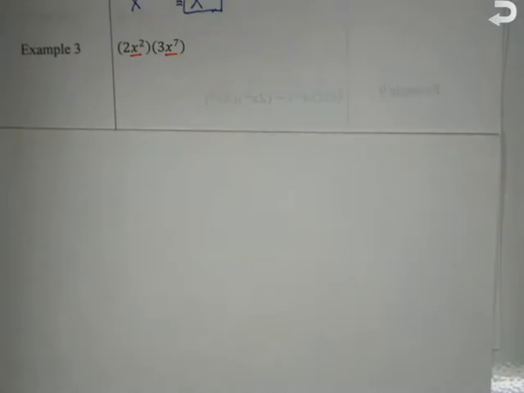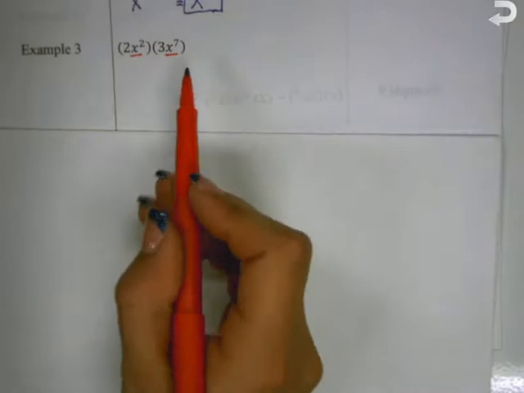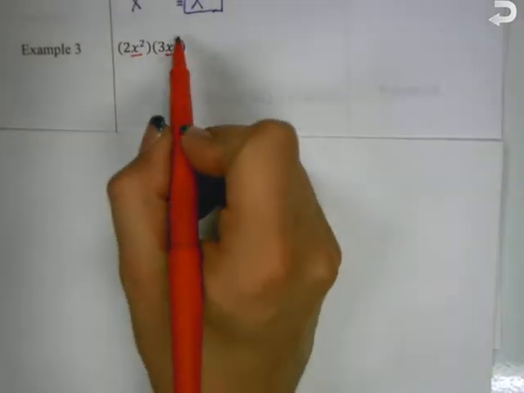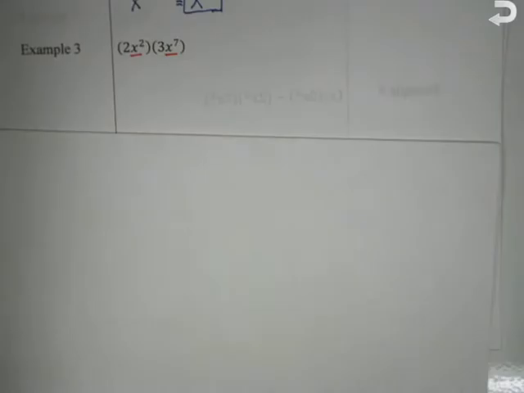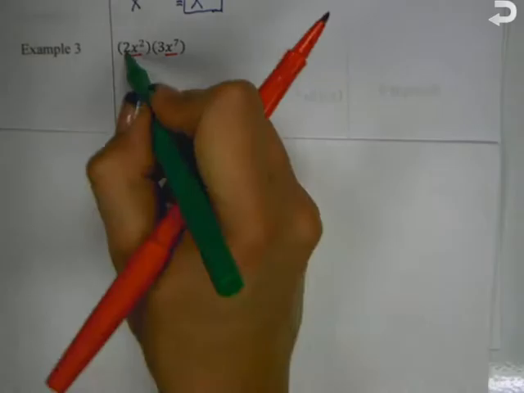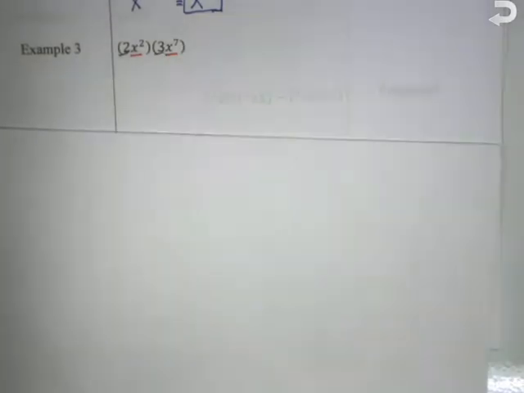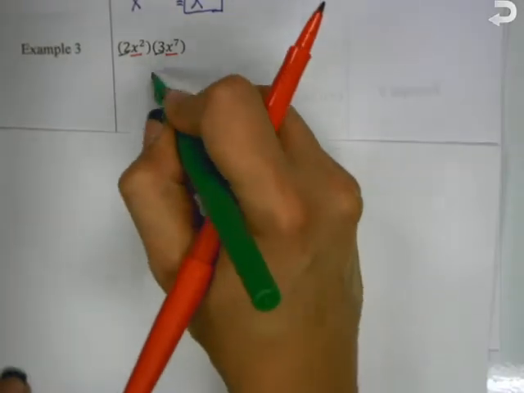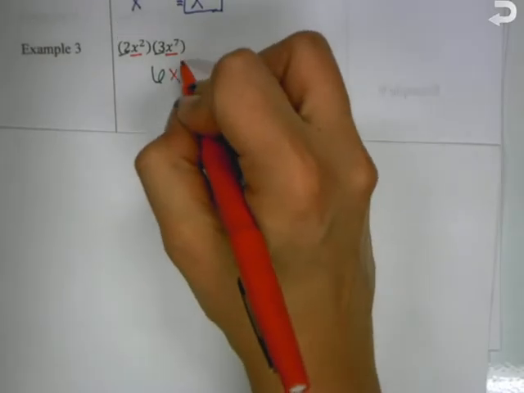But we also have 2 and 3 in there. What do you think we're going to do with that 2 and 3? Multiply. So my answer would be 2 times 3, which gives me 6, and x to the 2 plus 7. So that gives me 6x to the 9. Good.